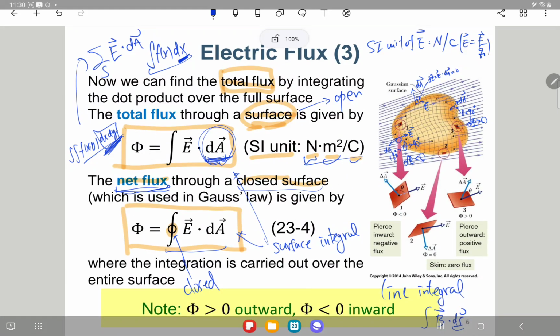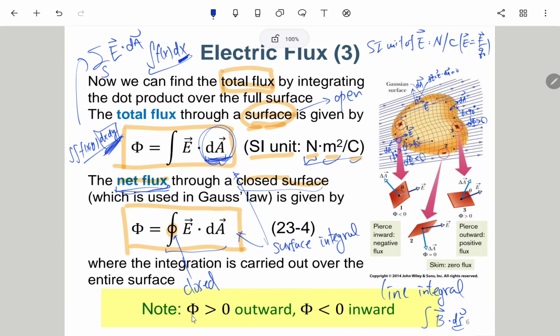So here, this is a big phi, which means you need to add all these small d phi together. If finally the sum is positive, we will say the electric flux is going outward.